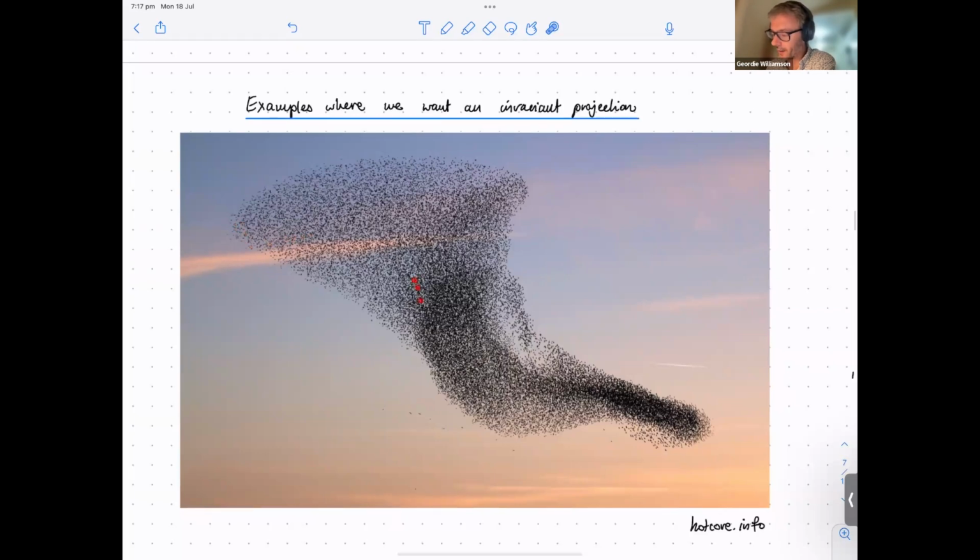Okay, this vector, this vector, this vector, this vector, etc. But notice that when we look at this, we don't care which bird is number 1 and which bird is number 2. We just care about the birds without their ordering. So this is an example where we would like to make an invariant prediction.